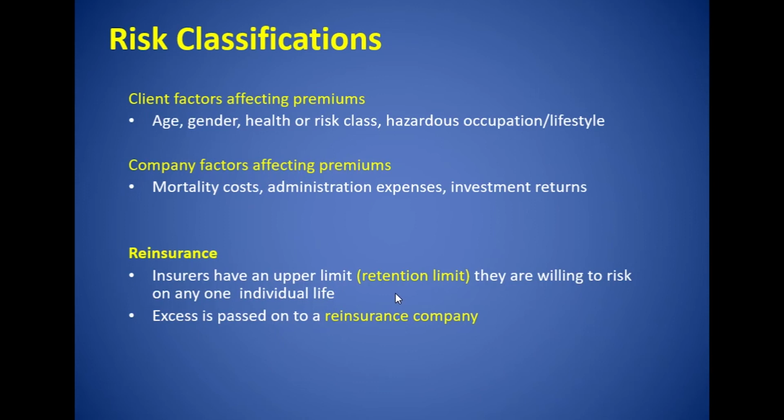So they're willing only to retain the life insurance risk up to X number of dollars per individual. So if, for example, you wanted $5 million of insurance and the insurance company approved that, they say, yes, you qualify for the $5 million, and they're willing to issue that policy for $5 million, and that's great.